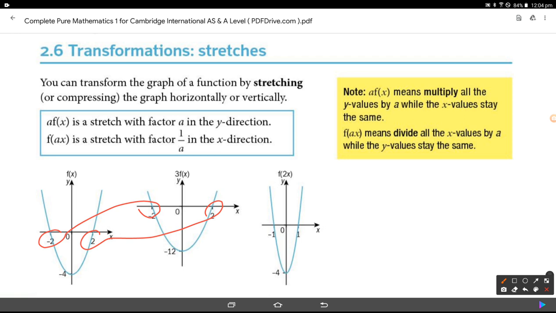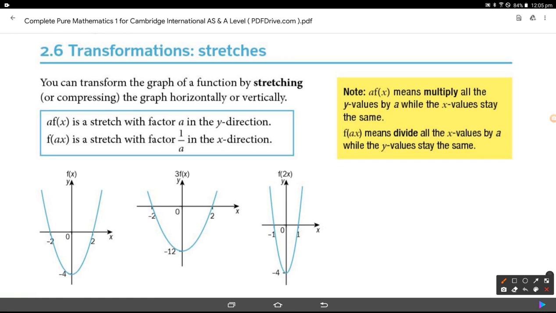So it is very clear: when you have a multiplying outside, it is a stretch parallel to the y-axis. But if it multiplies with x inside the function, it is a stretch parallel to the x-axis. So this idea is very clear.